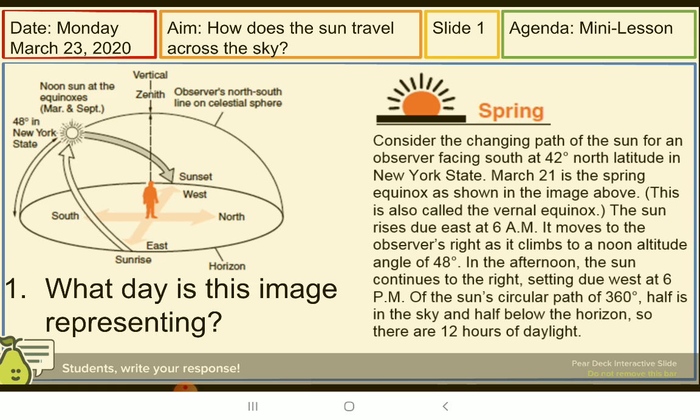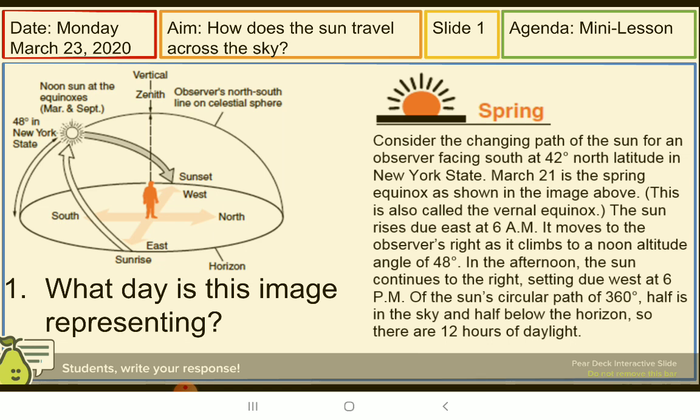The sun rises due east at 6 a.m. It moves to the observer's right as it climbs to a noon altitude angle of 48 degrees. So you're standing in the middle of the street, you're looking exactly south. If you look up off the horizon, so you look at the street level, you look up to 48 degrees, you're going to see the noontime sun. Should you stare at the sun?